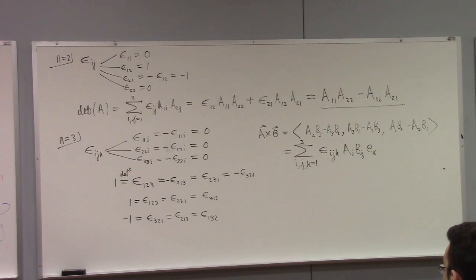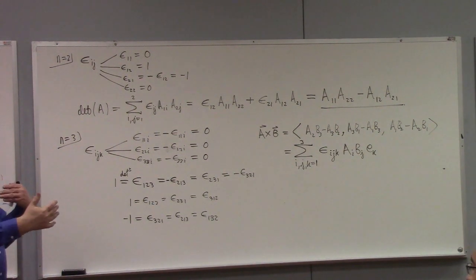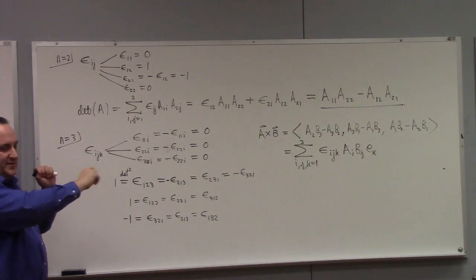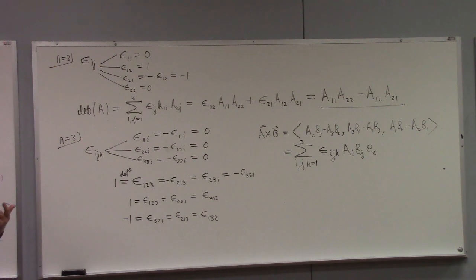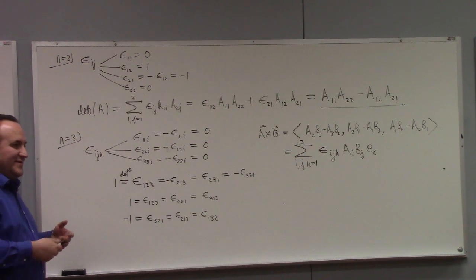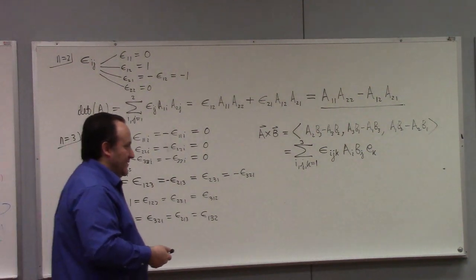The difference between this and Calc 3 is that the formula I just wrote on the board is completely legitimate. It's not hybridized, like in Calc 3 where we teach you to take the determinant of a 3 by 3 matrix where the top row is vectors and the lower 2 rows are numbers. That's technically speaking nonsense, from the perspective of naive determinant theory anyway. There's a way to make that formula rigorous, but who cares?